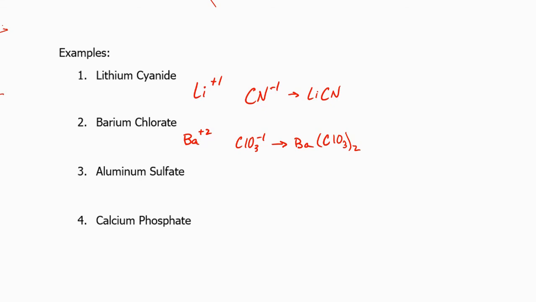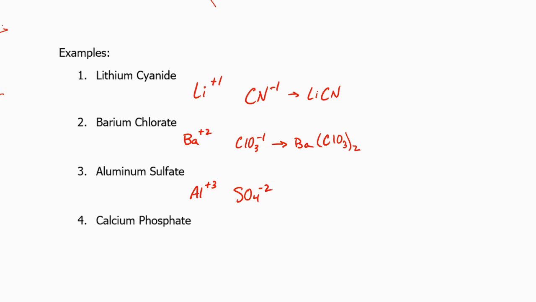All right, let's look at another one, aluminum sulfate. So aluminum is Al, and it's in group 13, which means that it has a +3 charge. Then we look at our list and find sulfate, and sulfate is SO4 with a -2 charge.